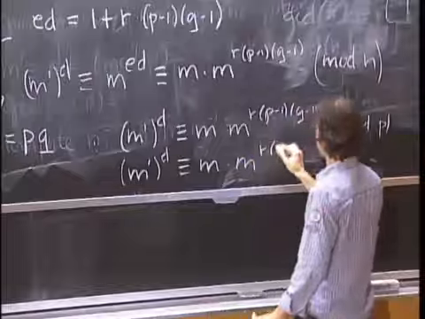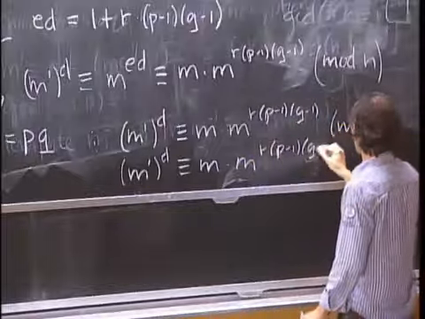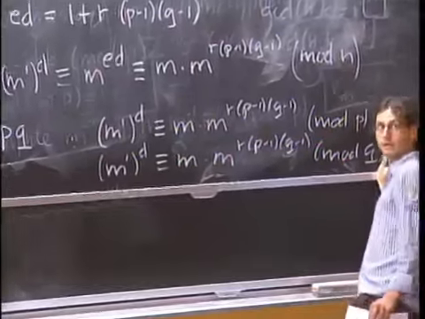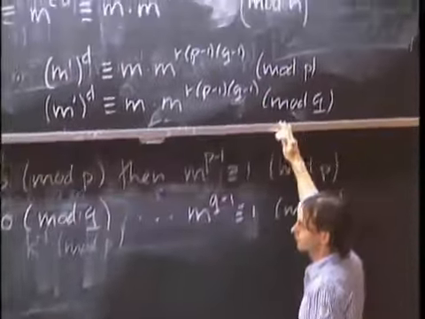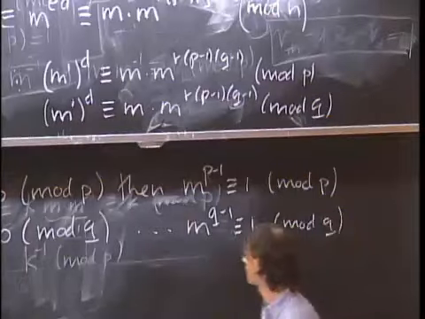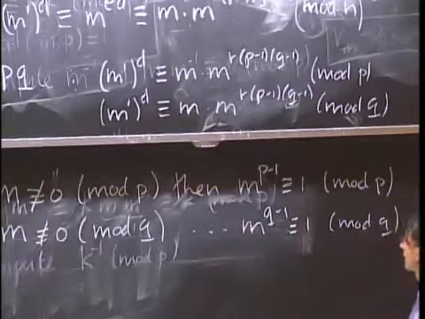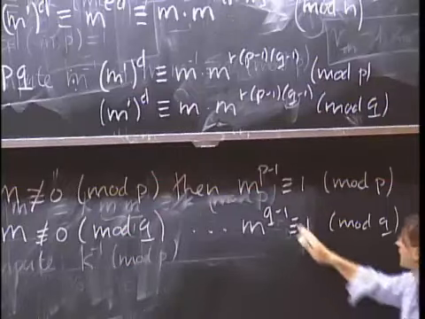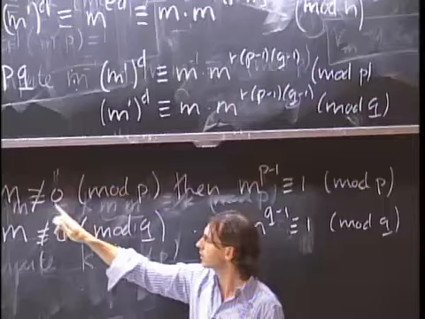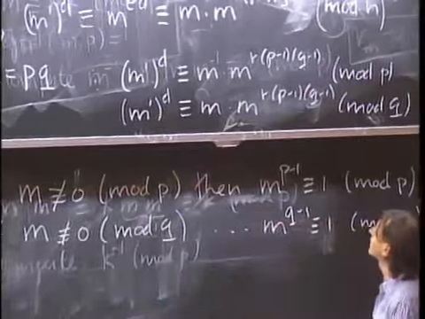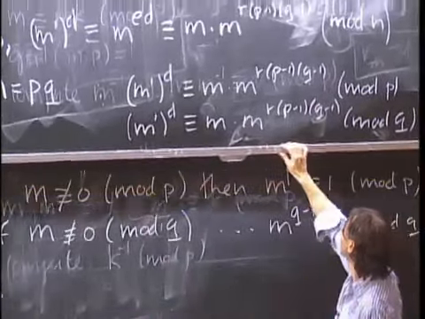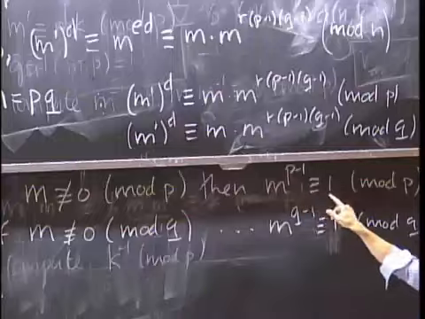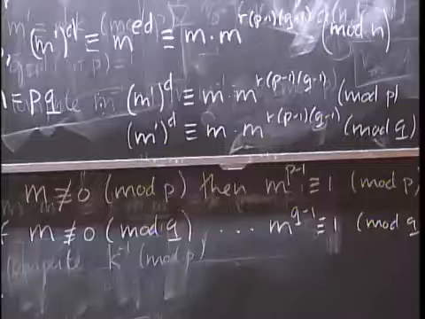So let me write this out as well. So there it is. So now we can use what we have figured out over here. So we know that if m is not equal to 0, then this thing over here cancels out because m to the power p minus 1 is congruent to 1.